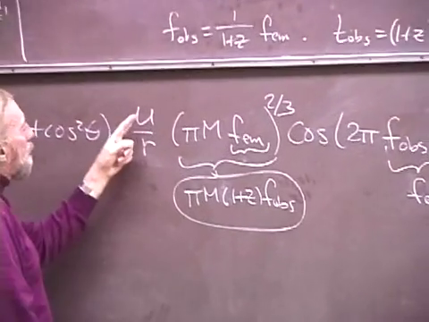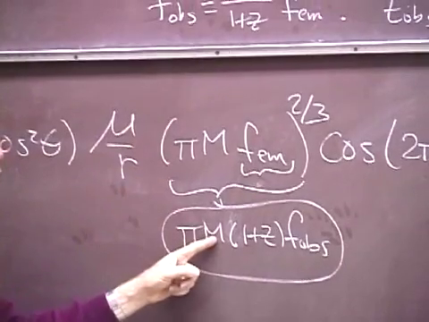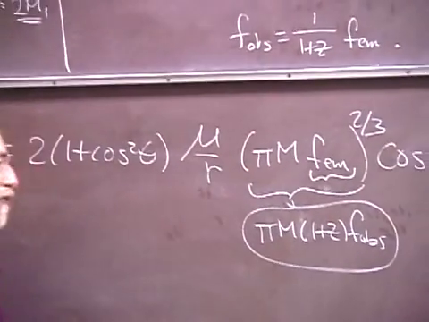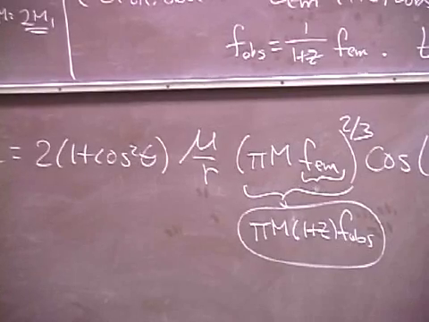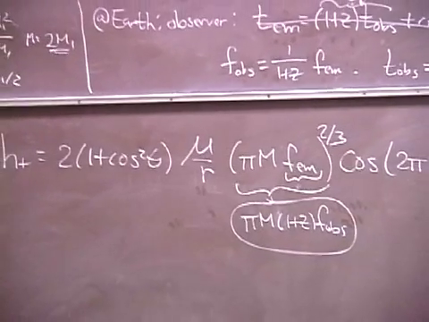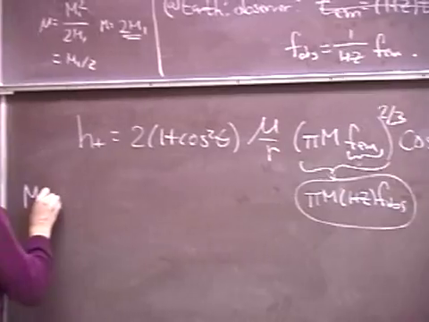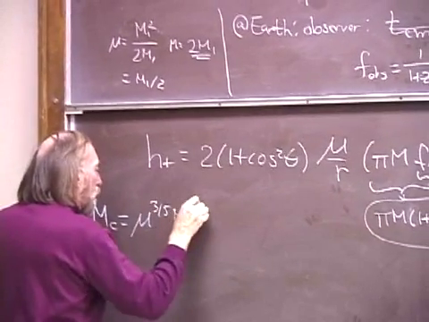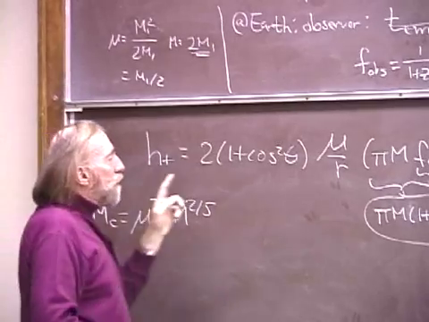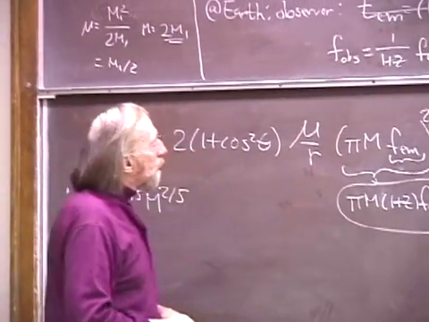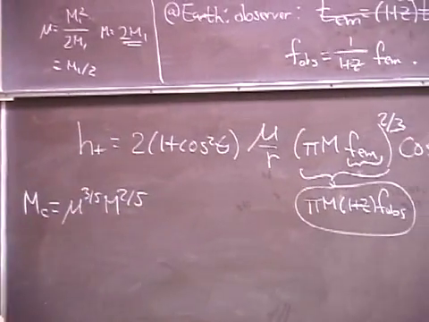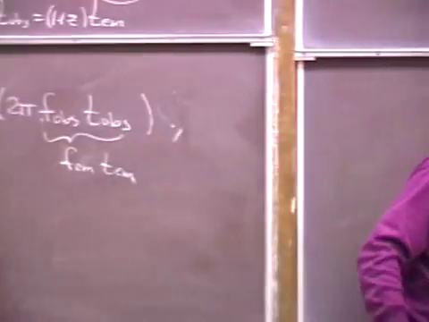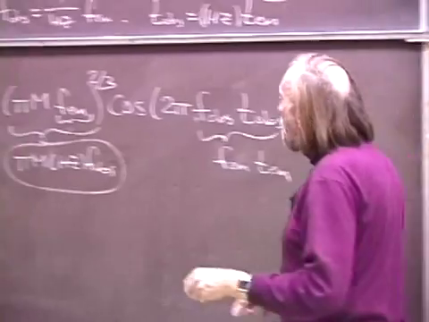Now the product mu times m to the 2/3, which is the product that I have in here, is just a power of the chirp mass. Recall the chirp mass is mu to the 3/5 m to the 2/5. And so mu m to the 2/3 is just a power of the chirp mass, and I can rewrite this whole thing in terms of the chirp mass.